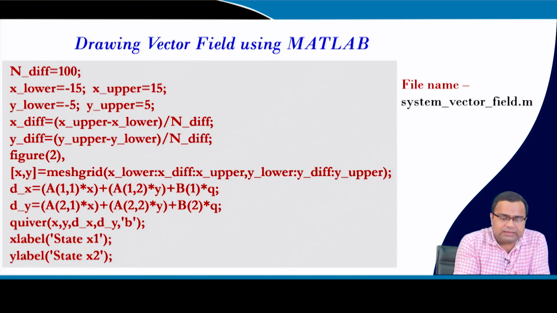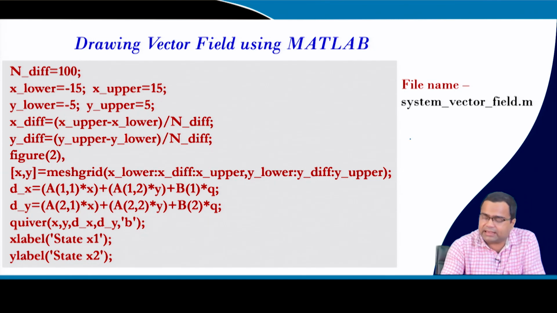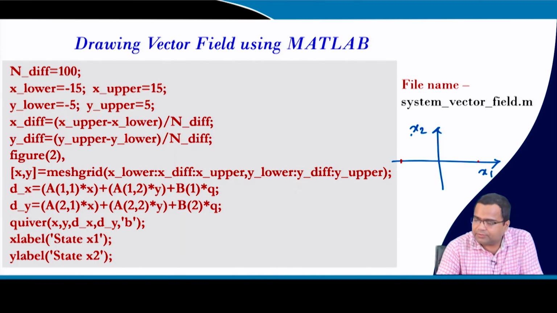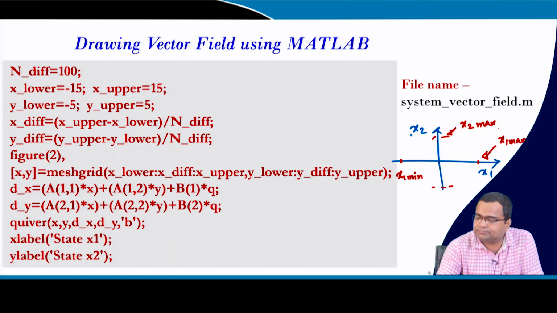That means, let us say I want to draw a vector field along x1 and x2. So, this is my x1 axis, x2 axis. Now, I want to plot the vector field within some limits. This is my x1 minimum, this is my x1 max, then this is my x2 max, and this is my x2 min.